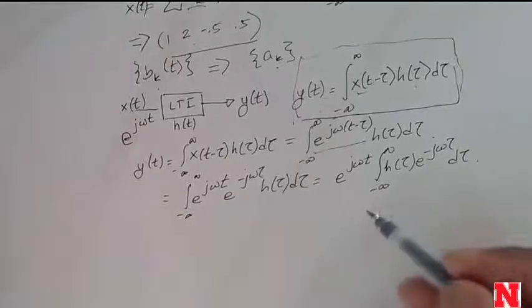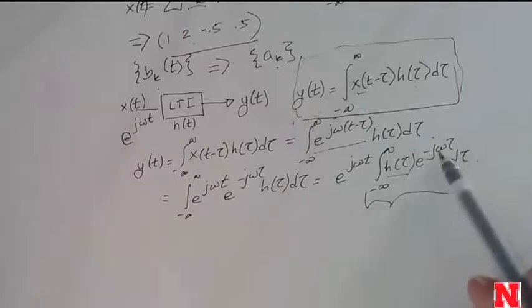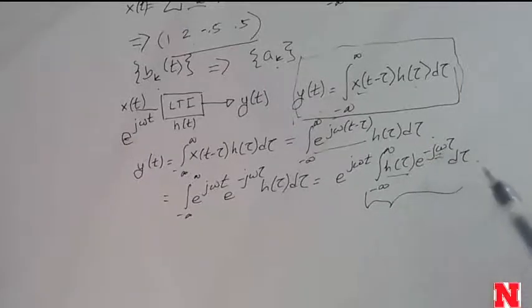Okay, let's take a look at this integral. This integral is dependent only on the impulse response. So given a particular impulse response, I can solve for this integral for a generic value of omega, right?